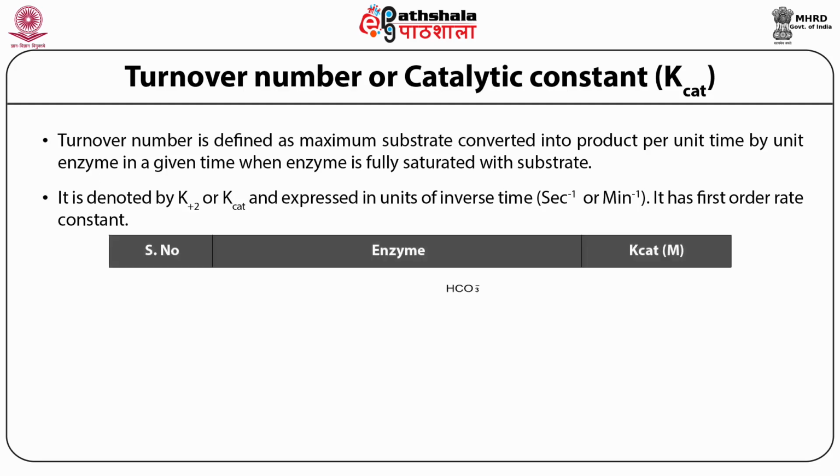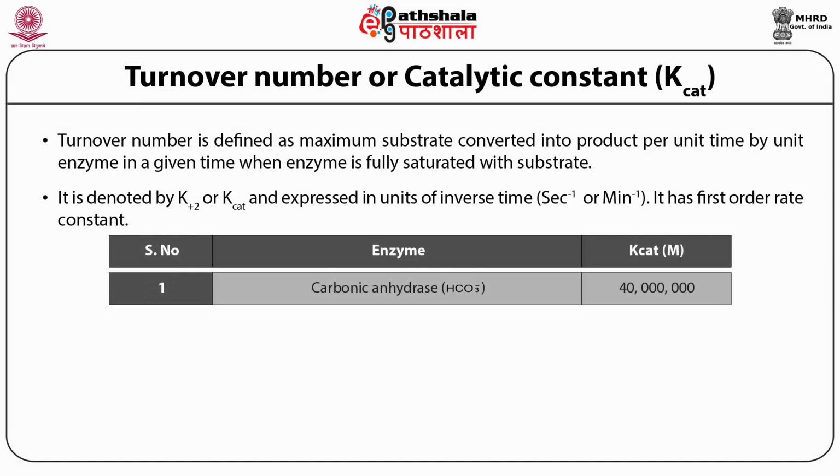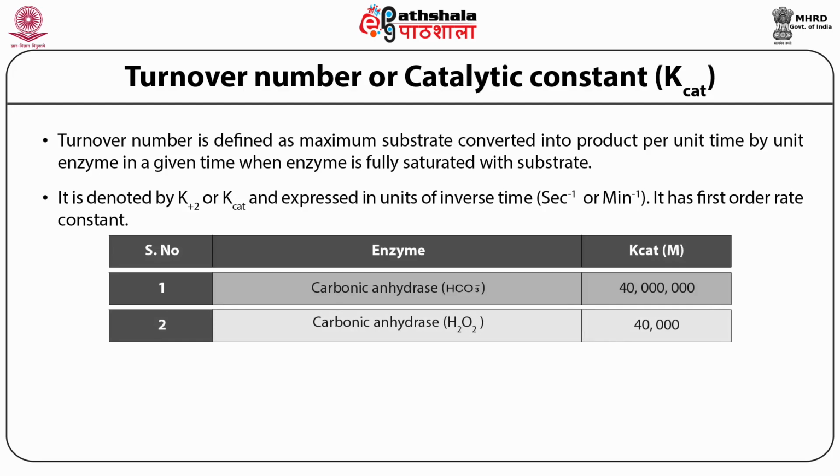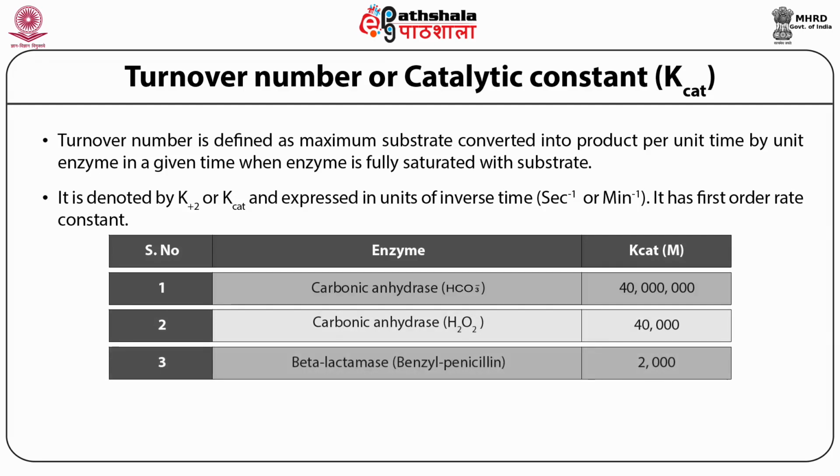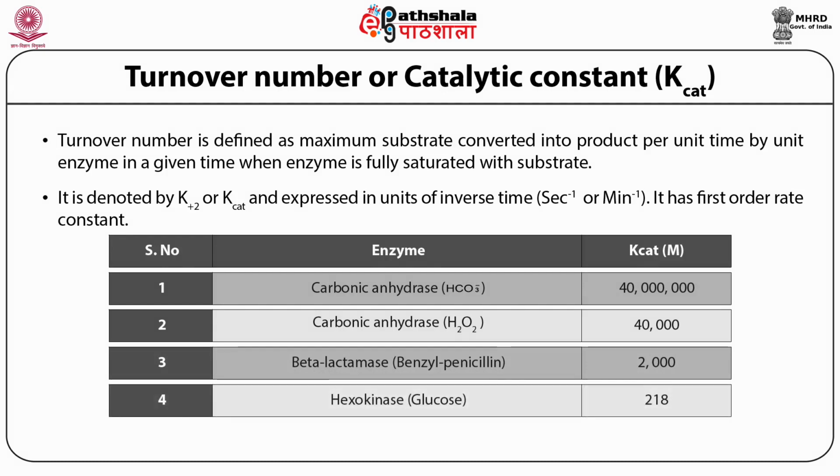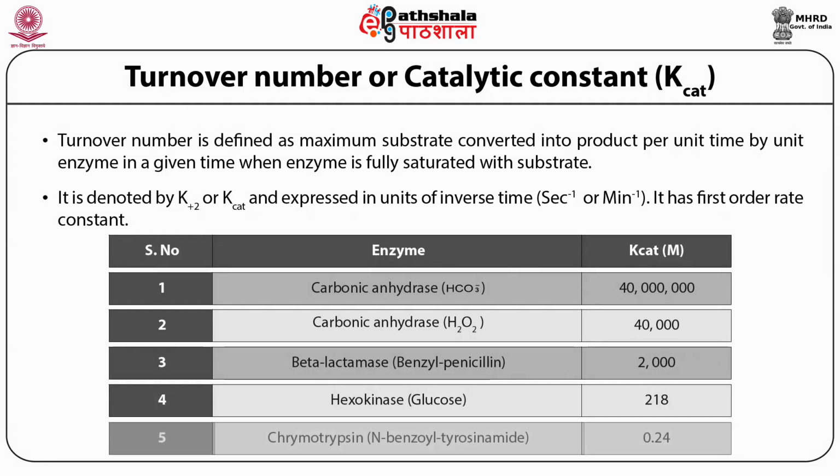In the table you can see the kcats of different enzymes. For example, carbonic anhydrase, one of the highest kcat enzymes, has a kcat of 4 into 10 to the power 7. Catalase has a kcat of 40,000. Beta lactamases have a kcat of 2000. Hexokinases have a kcat of 218, and chymotrypsin has a kcat of 0.24.